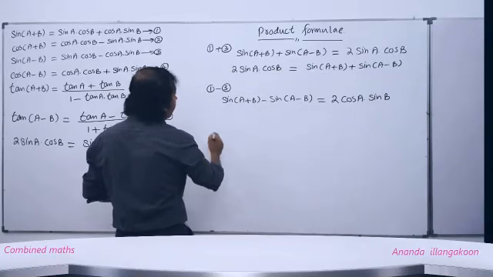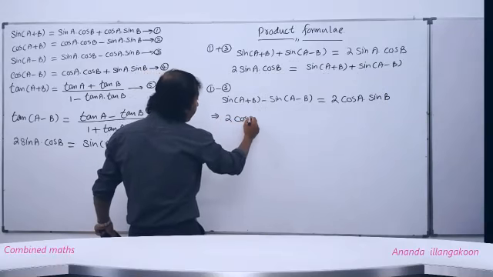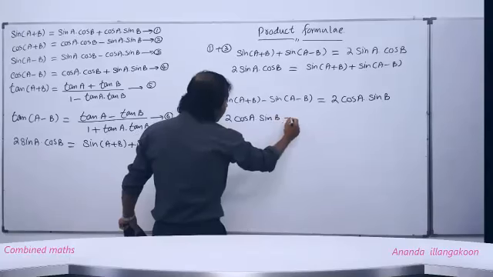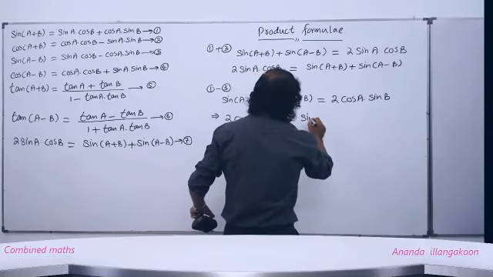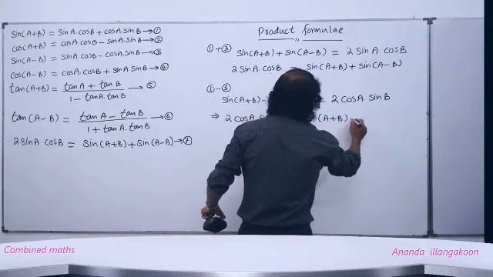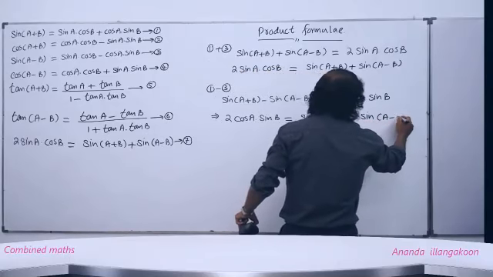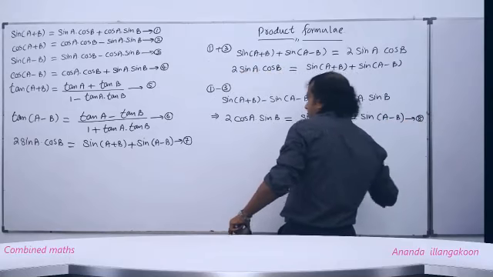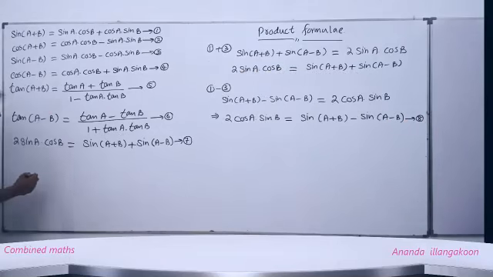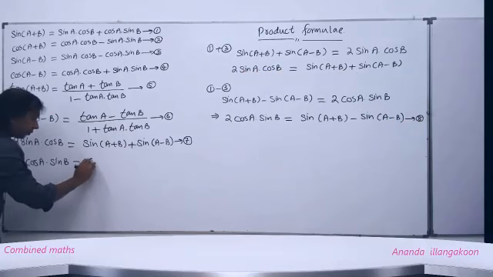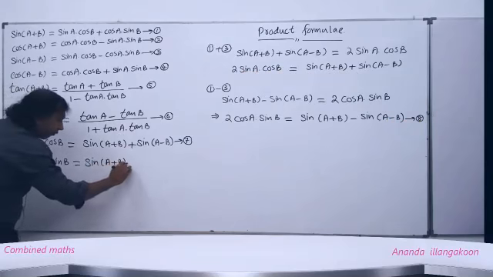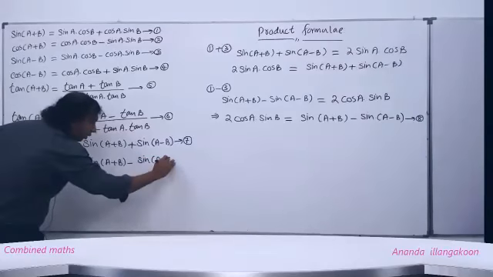Therefore, you can write 2 cos A sin B is equal to sin A plus B minus sin A minus B. This is number 8, people. Number 8.